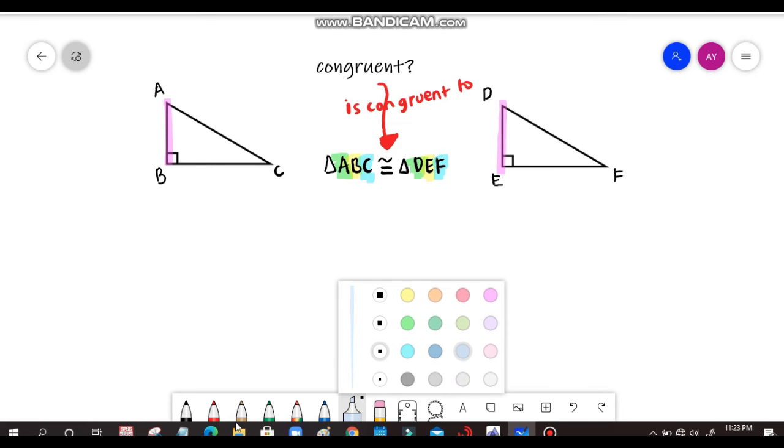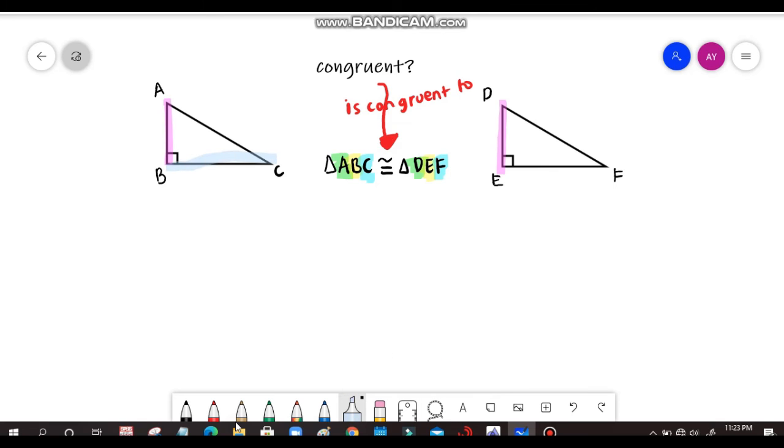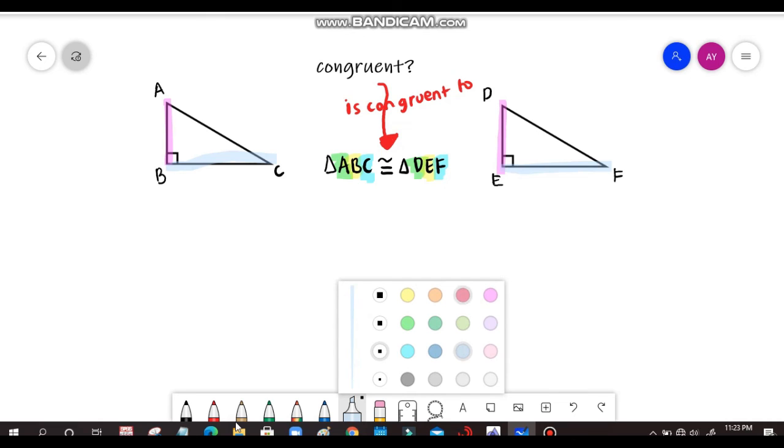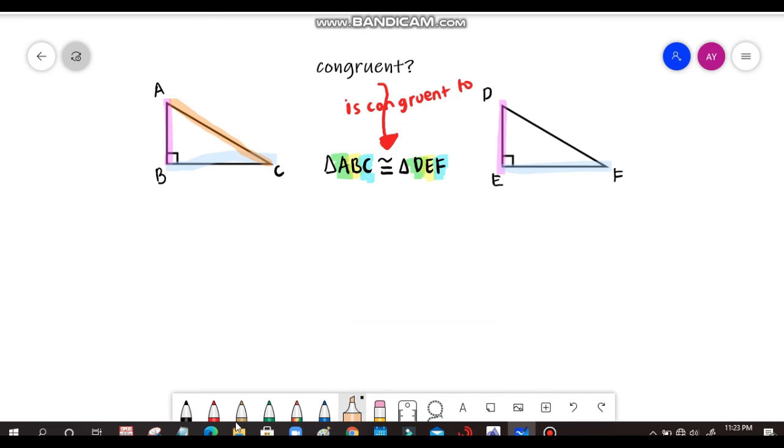And also this side BC corresponds with line segment EF. And the last, line CA corresponds with the line segment or side FD. Hence, the corresponding angles and sides of congruent figures are equal.